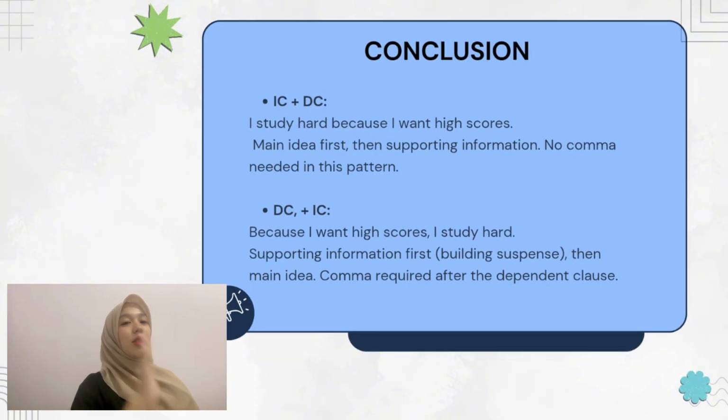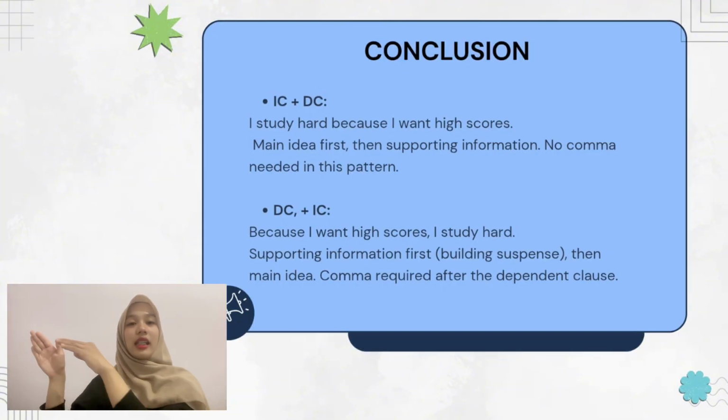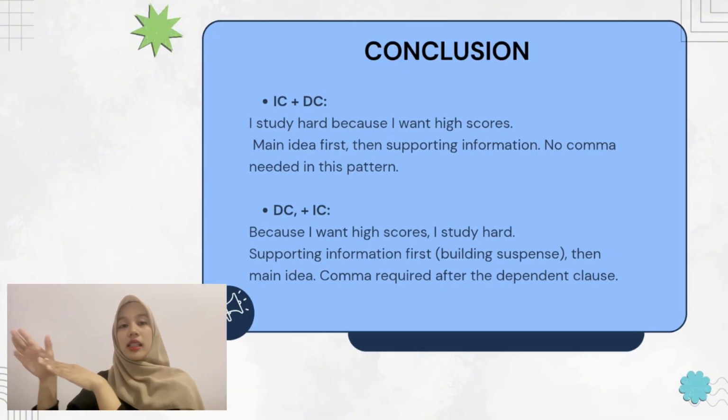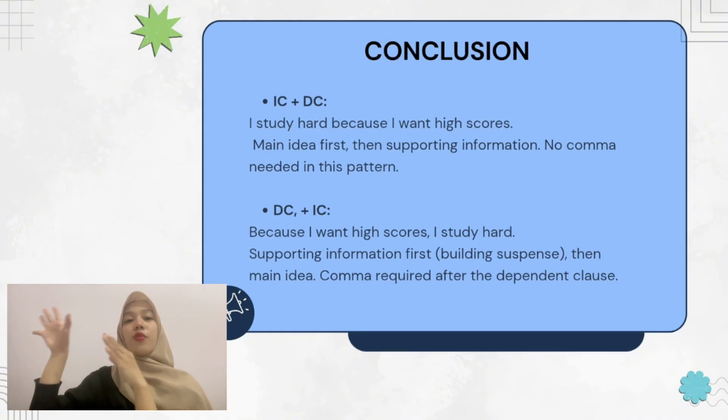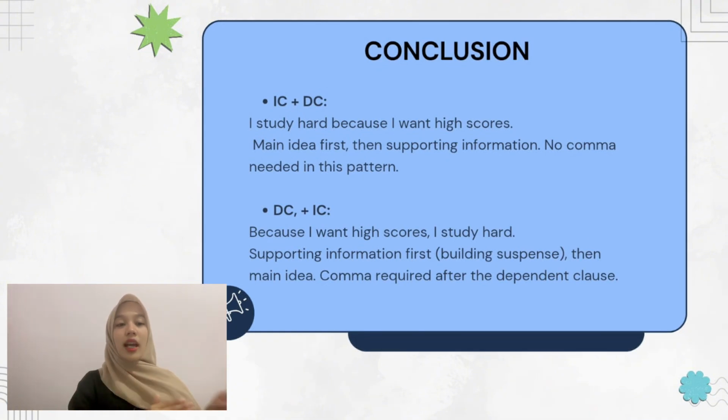So, independent clause plus dependent clause. For example, I study hard because I want high scores. The main idea in the first is I study hard, and then supporting information after that.